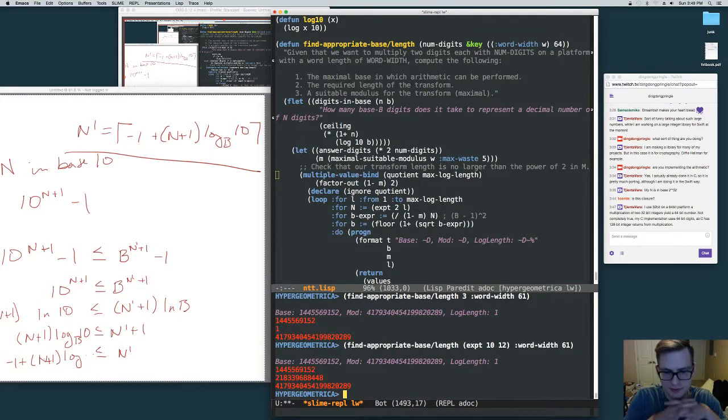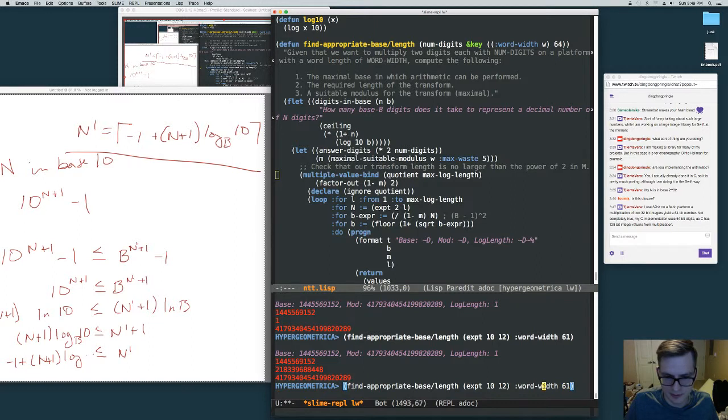Wow, surprisingly we can still do arithmetic. It's just our modulus is smaller.